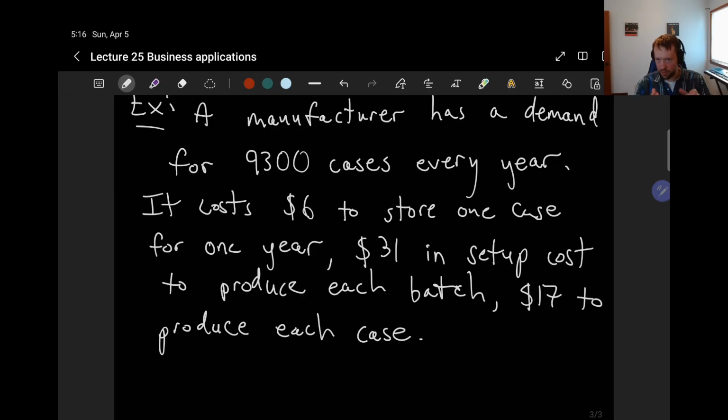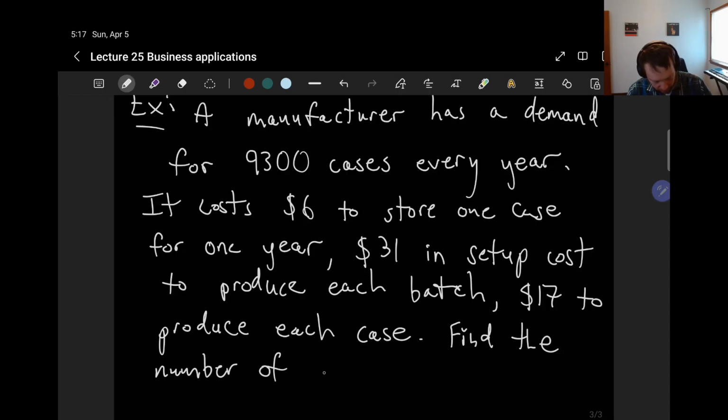Now, with these manufacturing costs and storage costs at play, we want to know what's the right balance of cases of honey to produce within each batch that we make, which will minimize our overall cost. So in particular, find the number of cases per batch to minimize cost.